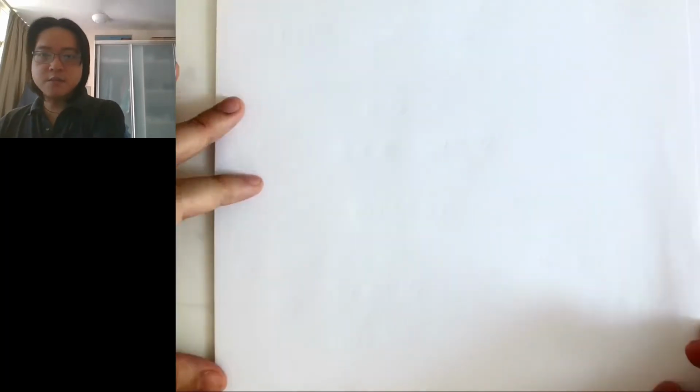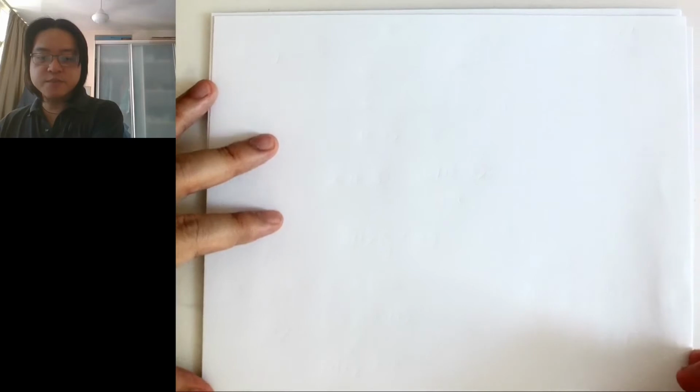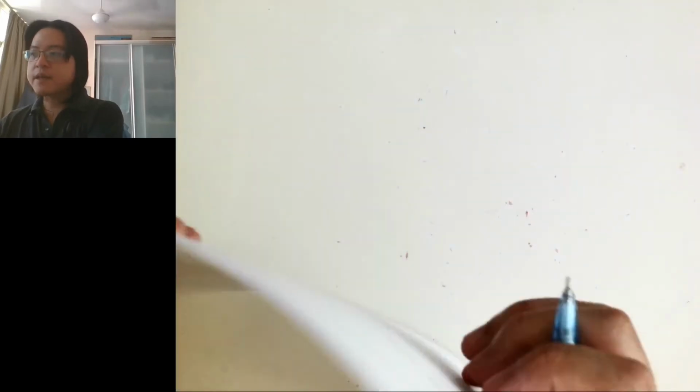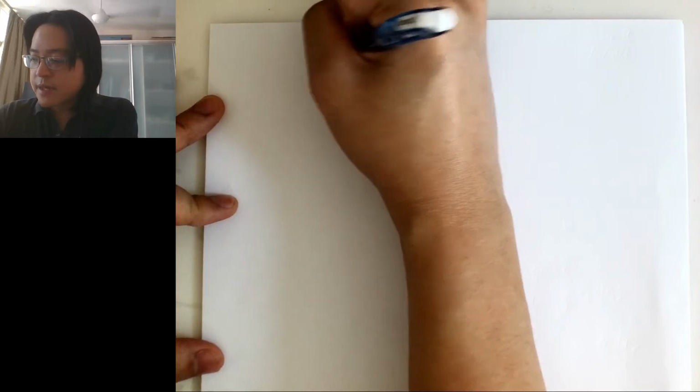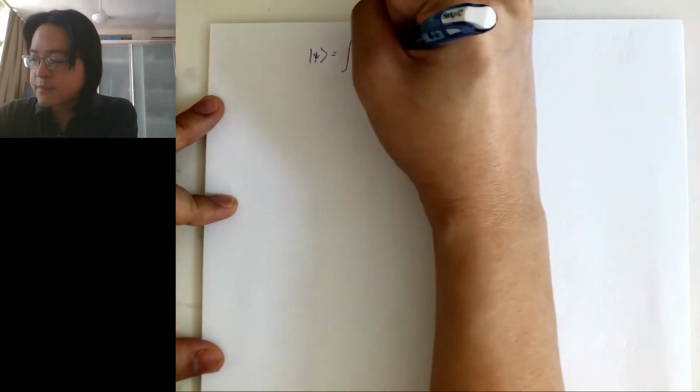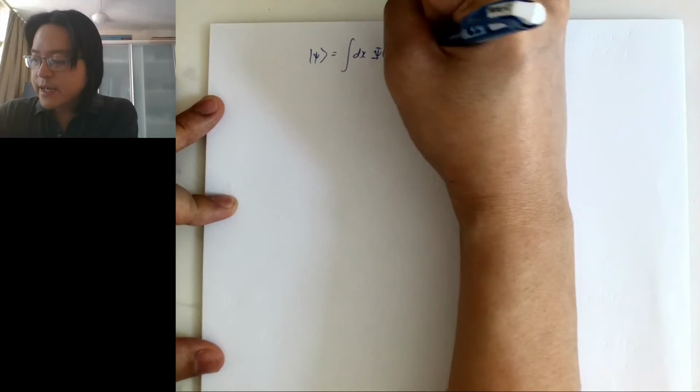And now let's talk about momentum. Okay, so the momentum is defined to be acting on this. So given an arbitrary state, I say that I can expand this in the basis psi of x and then ket x, right?